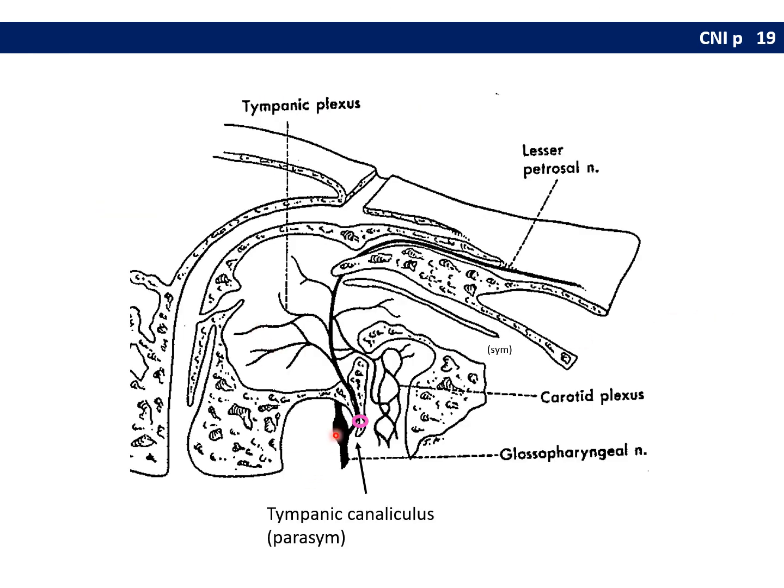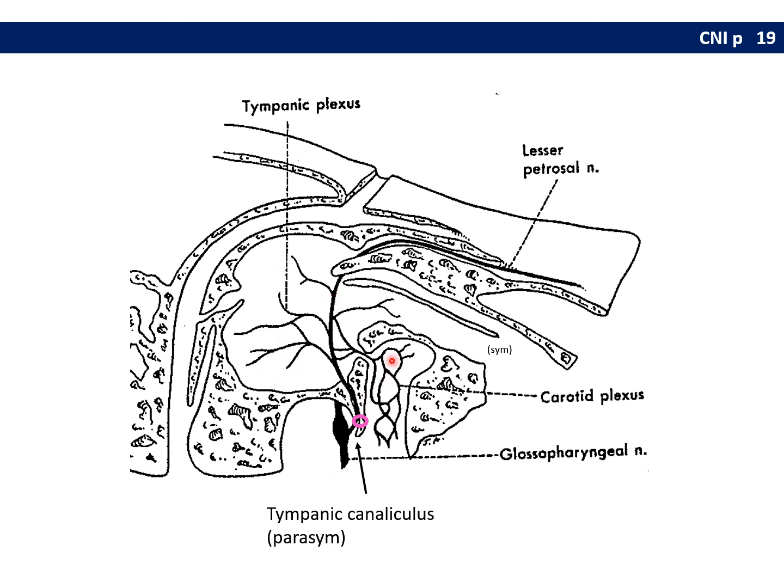So here is that again. Here's our glossopharyngeal nerve coming through the jugular foramen, and then it sends this tympanic branch through the tympanic canaliculus in order to participate in this tympanic plexus in the middle ear.